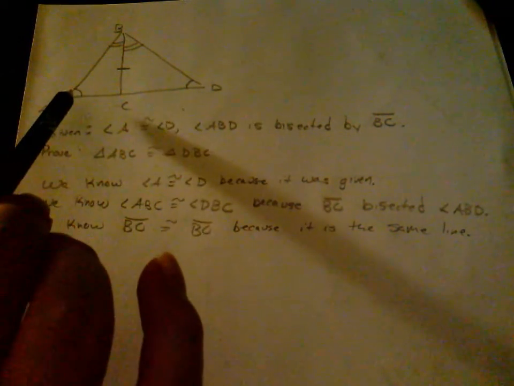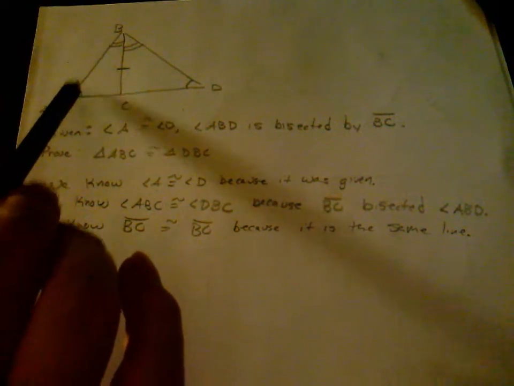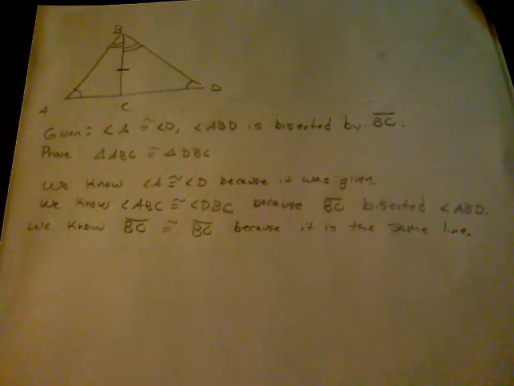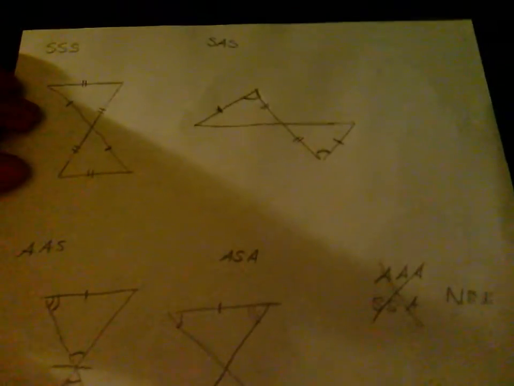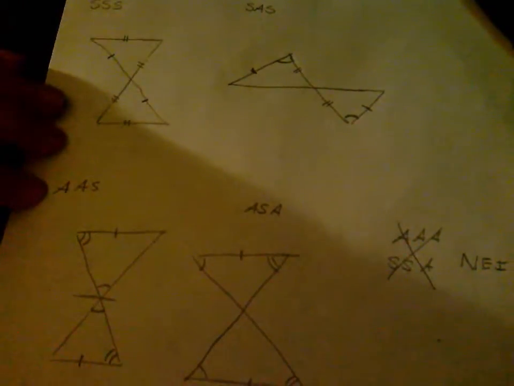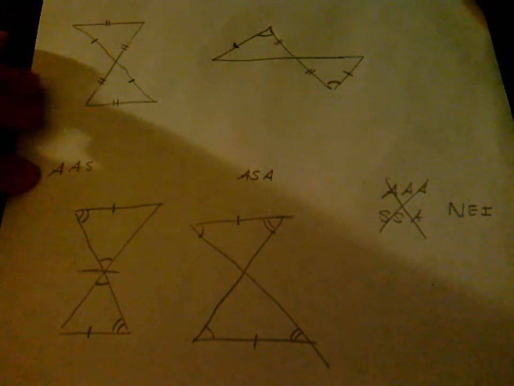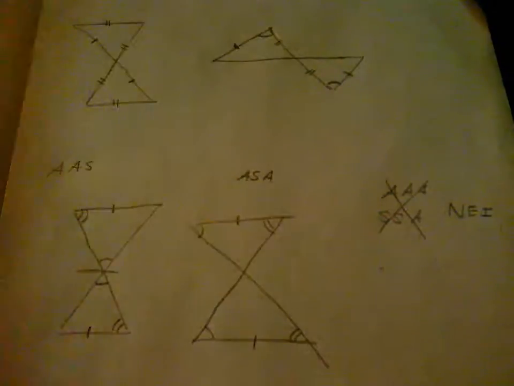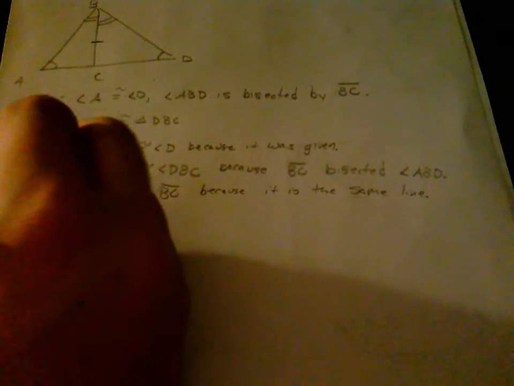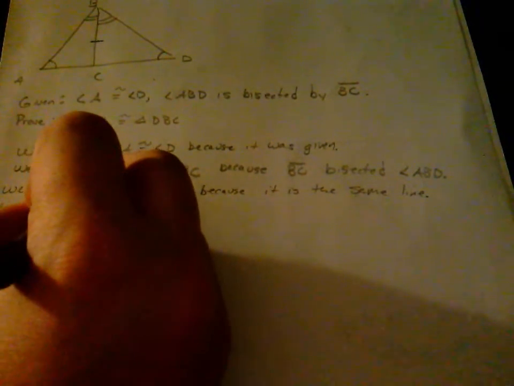So I have to look at this. Do we have enough information? Well, we have an angle and a side. Well, if we remember back to this whole thing, angle, side is one of our congruency theorems. So when we go back here, we say, okay, cool. We have enough information.